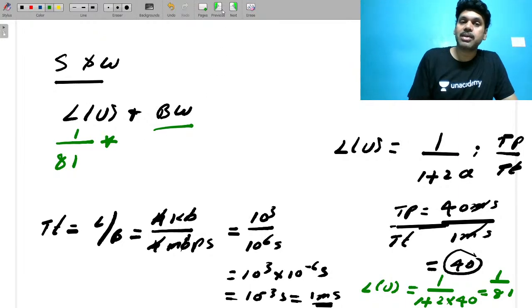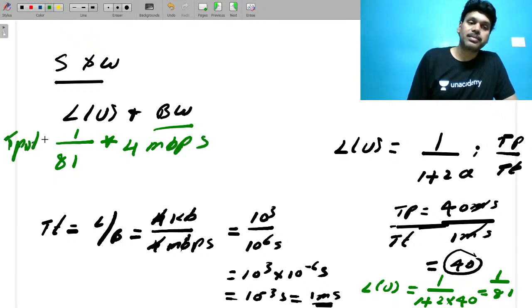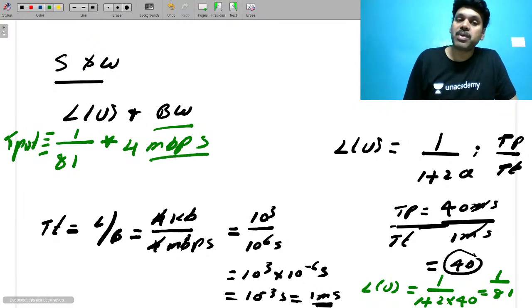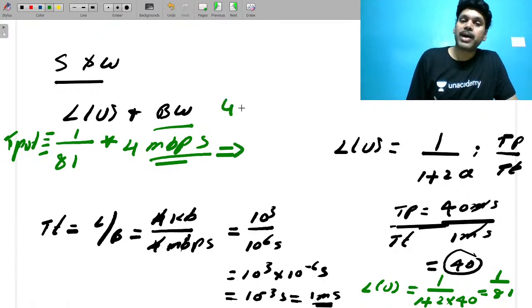Your bandwidth is 4 Mbps. This is your throughput, my dear friends. Your throughput is 4 by 81 into 10 power 6 bits per second.